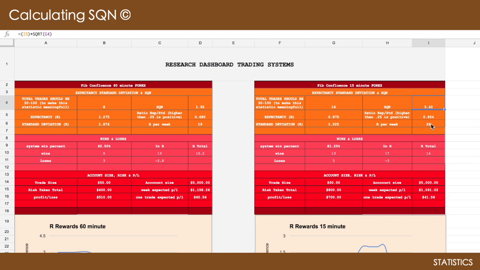And this, you can see, is the value of the SQN. It shows you where you are, and it also shows you that you can get higher if you want. There are trading systems that are above 5, so an SQN of 5, which are rare, but they are there. And Ken Long, one of the system developers of Van Tharp, creates them, as I believe Van Tharp says, on a regular basis.